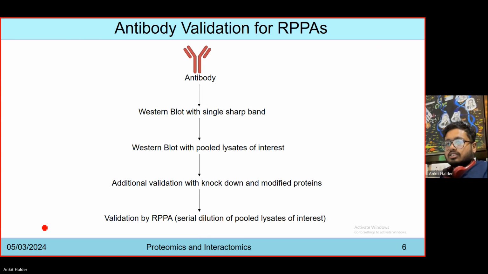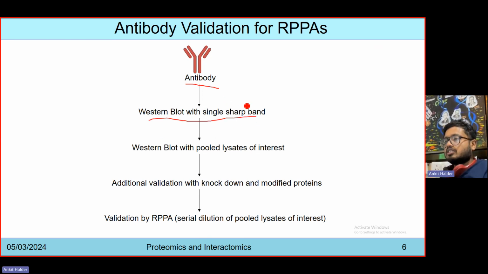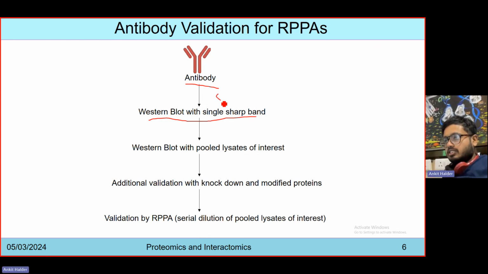So if the antibody gives a Western blot with a single sharp band, this is the first checkpoint.